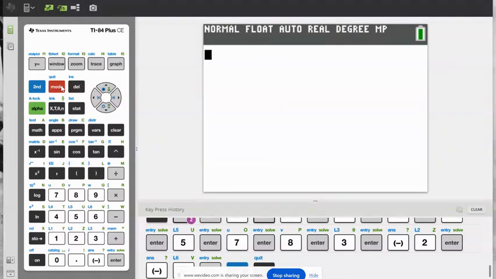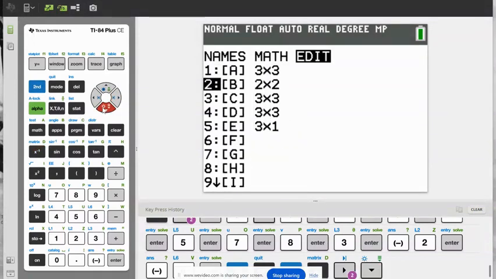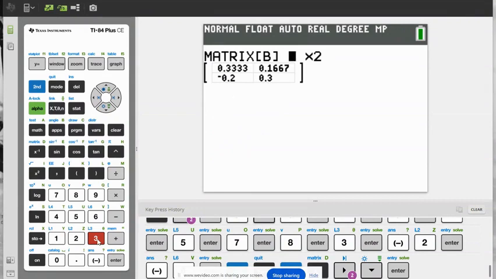Now I'm going to enter in my D sub X matrix. So once again, we're going to go to second matrix, scroll over to edit, but this time I'm going to scroll down to number 2 for B. So we're going to press enter. Again, it's a 3 by 3.